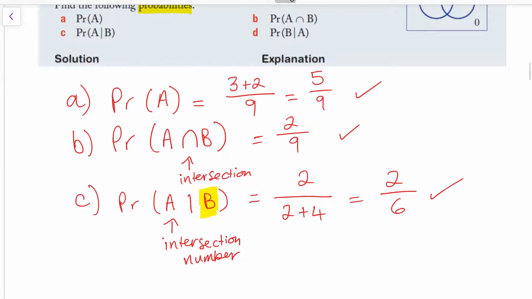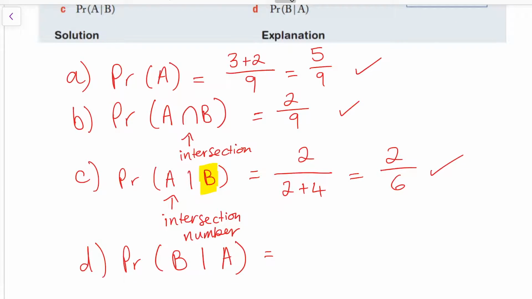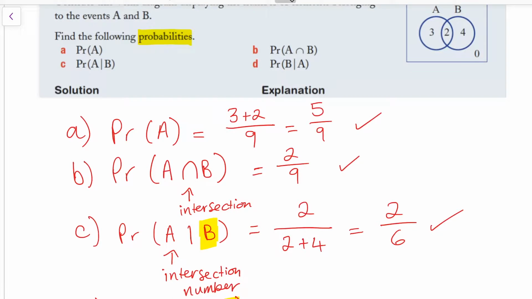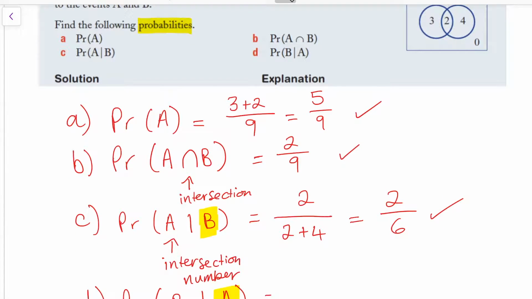All right, so let's see how this works for D. What's the probability of B given A? Now remember, from what I said to you at the question above, look at this letter, A, all right? Now go back to your Venn diagram. Look at it. It's a 3 and a 2 that is in my circle for A. So it's 3 plus 2 at the bottom.